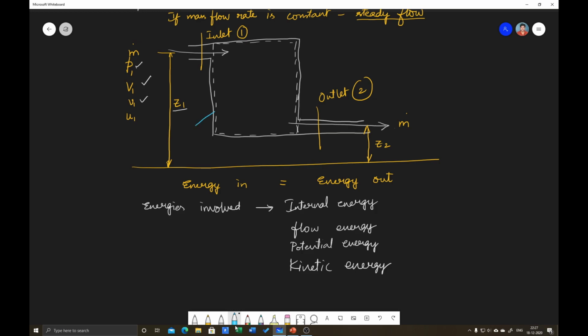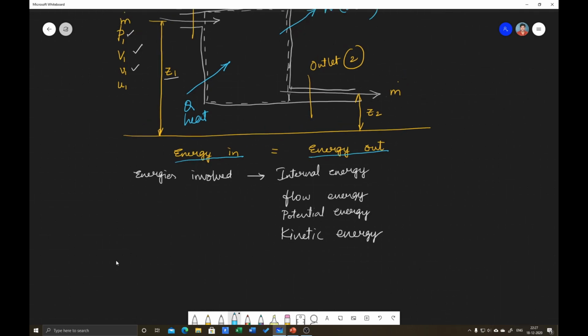During this process, we will supply some heat, so Q is going in, and there is some work extraction. So heat is going in and work is coming out of the system. We will equate the energy going in and the energy coming out of the system.